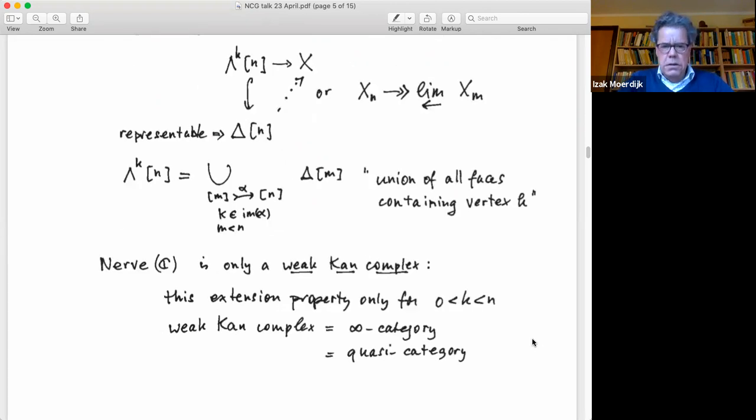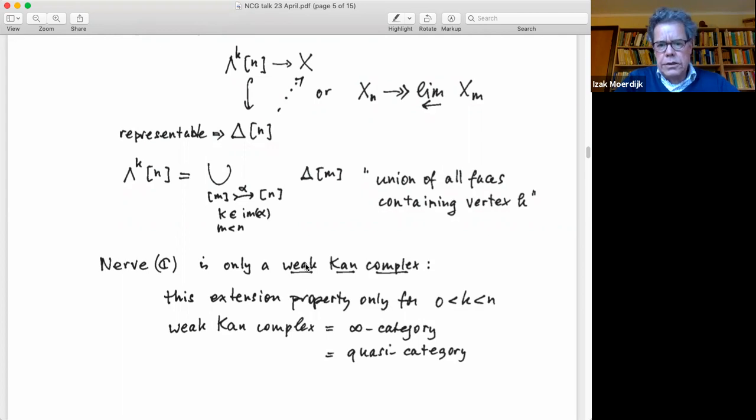So here is an example of a simplicial set that we would like to be a Kan complex, the nerve of C, but it's only a weak Kan complex because it will only have this extension property if k is different from 0 or n. So it will only hold for interior, inner ks.